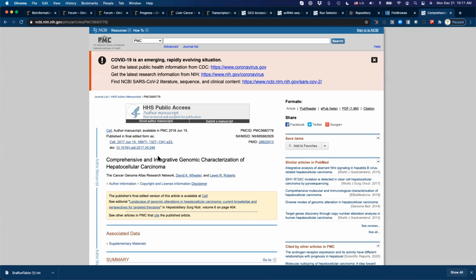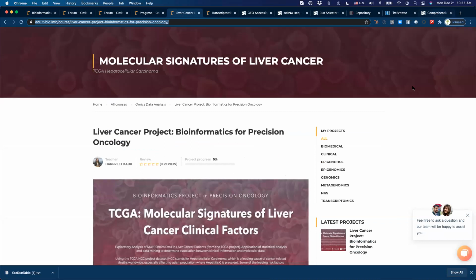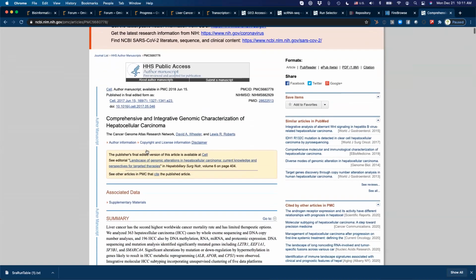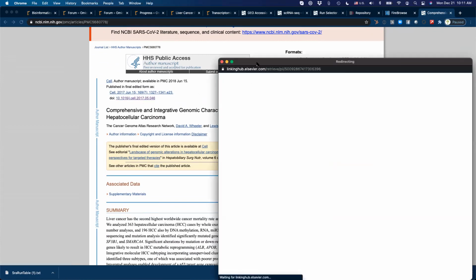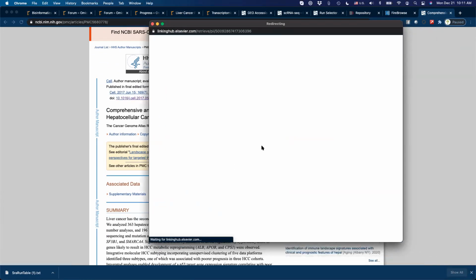So, for example, this project on liver cancer that was made available here just recently is using some of the insights and methodology that has been published right here, comprehensive and integrative genomic characterization of hepatocellular carcinoma. You can see that it was published in Cell, so you can go to the original article here as well.